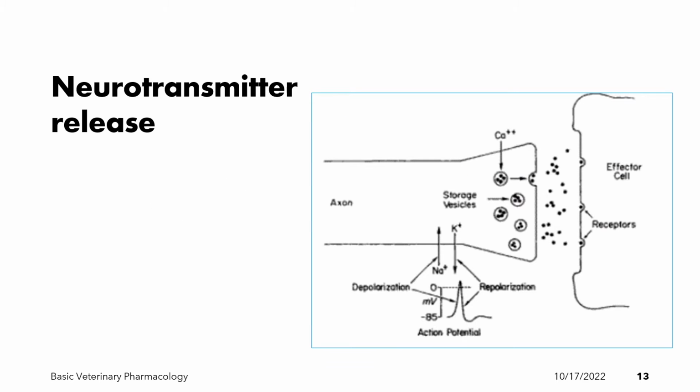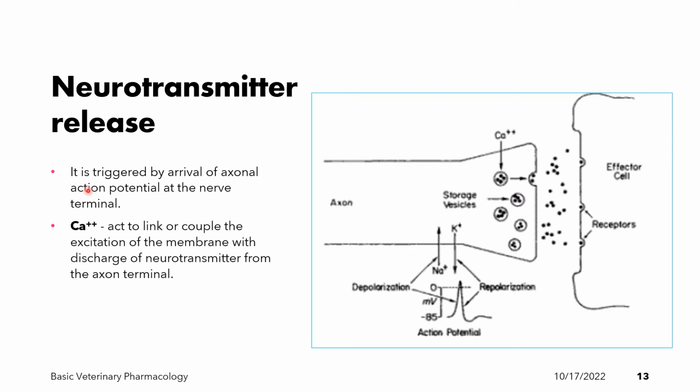The second step in the neurohumoral transmission is the release of the neurotransmitter. This is triggered by the arrival of the axonal action potential at the nerve terminal. One of the important mechanisms that triggers the release of the neurotransmitters is the calcium ions.